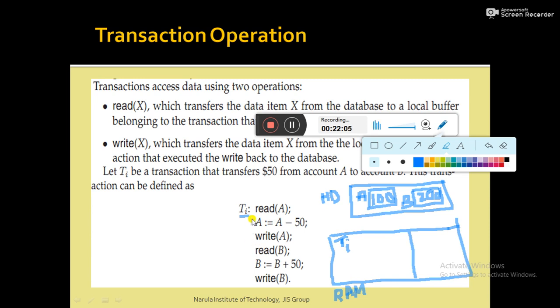Now the first operation, what we have to do, first we have to read account A. So that is why the first line is read A. Now read A corresponds to the read X operation. So read A means it will read the account A, and that means within a local buffer the account A will be copied from hard disk to RAM.